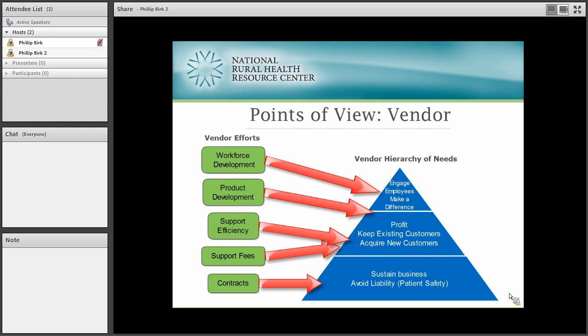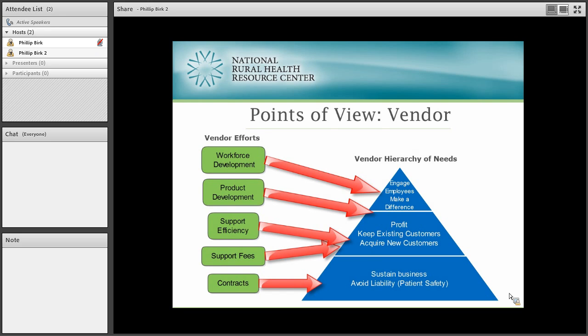Vendors are very liability conscious, and if you take a look at your contract, that's how they try to limit that liability. The limitation of liability is that section of your contract that is all capital letters. They are very nervous about liability, so they manage that part of their hierarchy of needs with contracts.